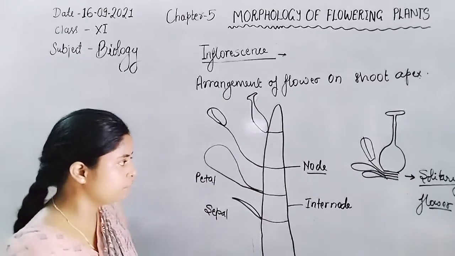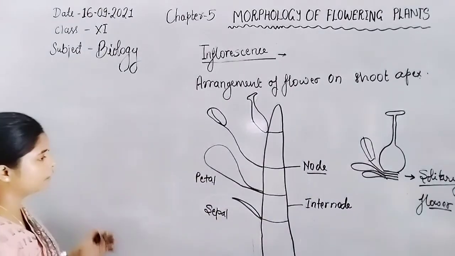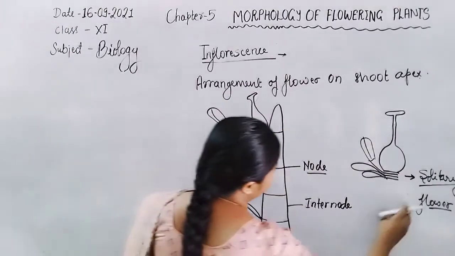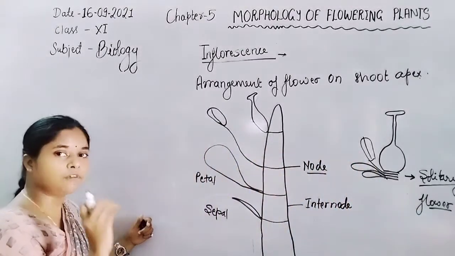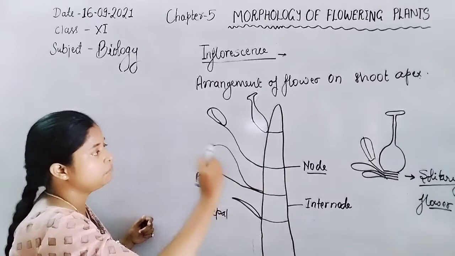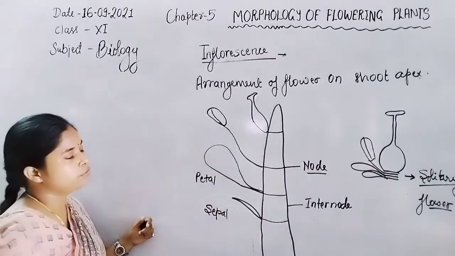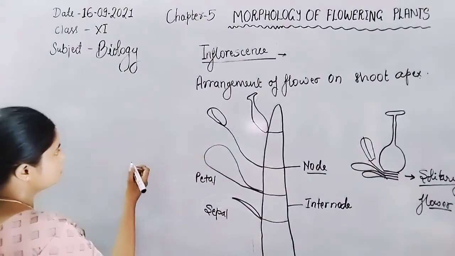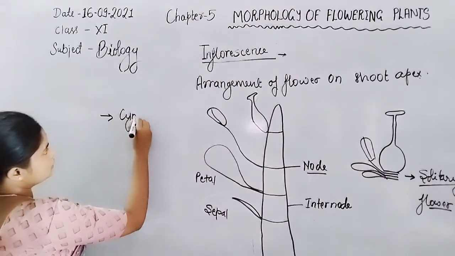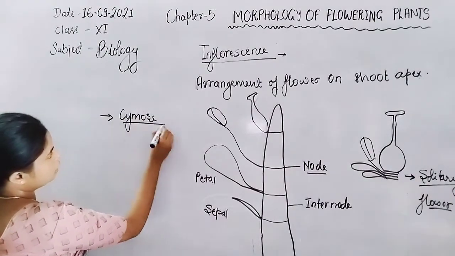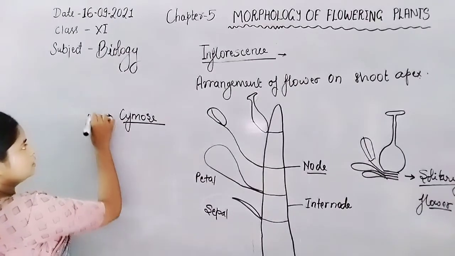Which kind of inflorescence is presented by the flower? If only a single flower is present on a stem, that type of inflorescence is known as cymose. Cymose type of inflorescence. First is cymose.